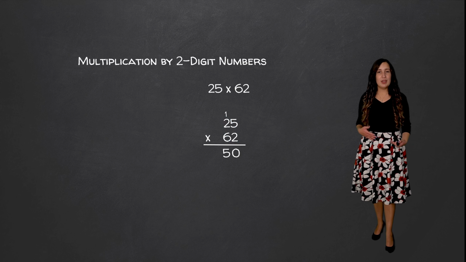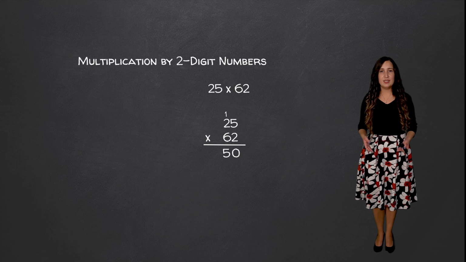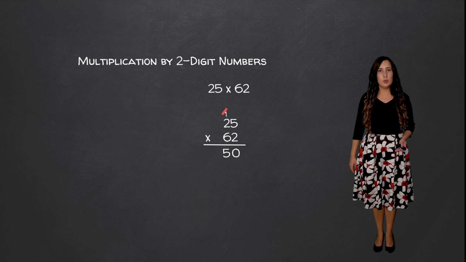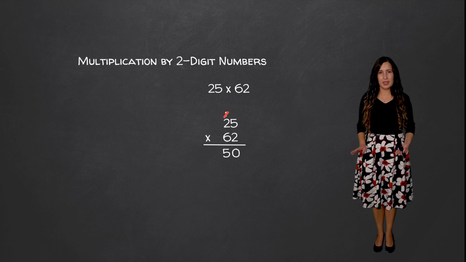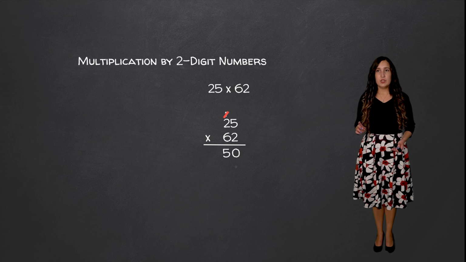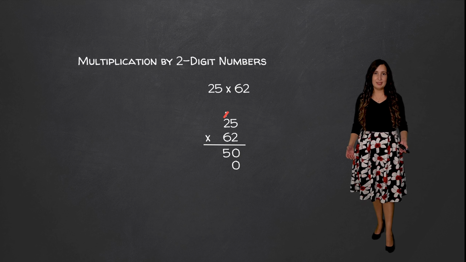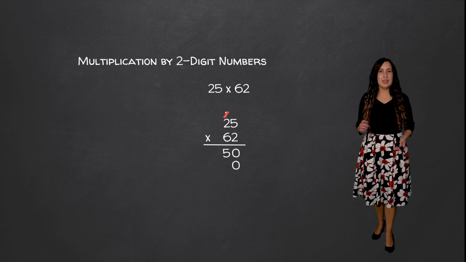So now we can move on to the 6. But before we start multiplying using the 6, let's cross out the 1 that we carried over so we don't get confused. And because we're starting to multiply with the 6, we are starting in the tens place value, not the ones. So we have to add a 0 here as a place value holder for that. So now we can get started.